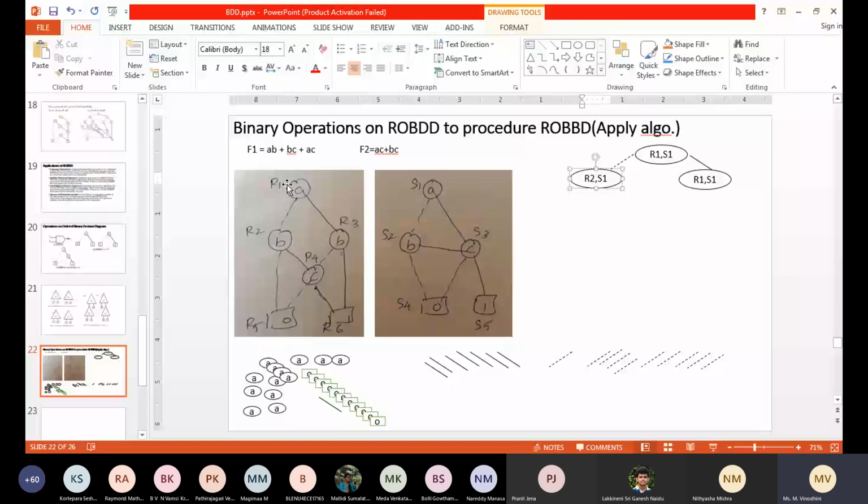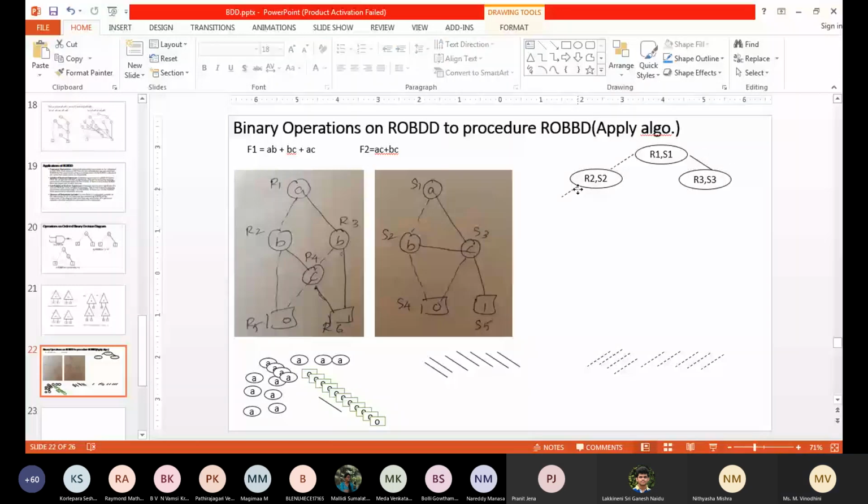Next, S1. When S1 is 0, it is going to S2. When S1 is 1, it is going to S3. Next, for these two parts, and for this, another two parts.